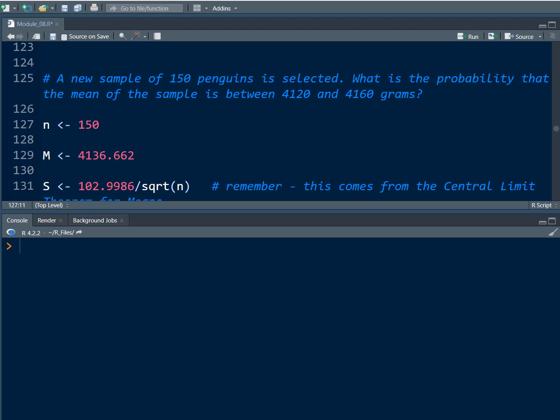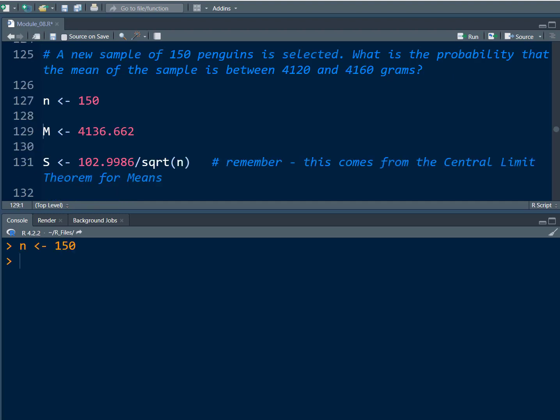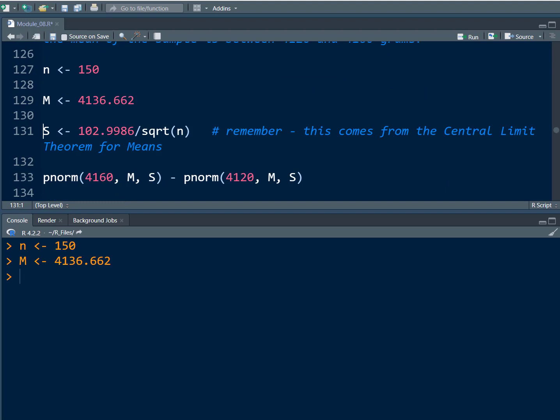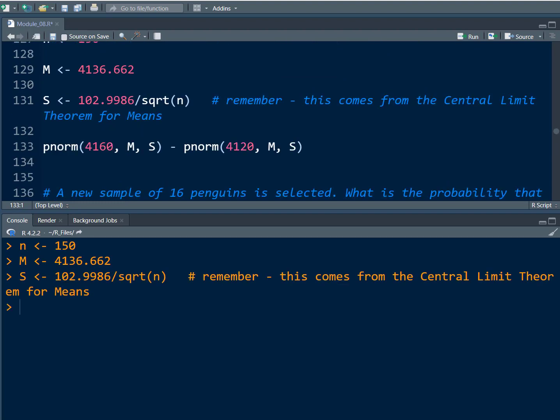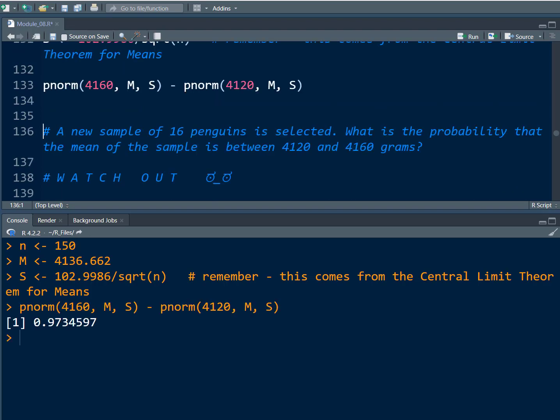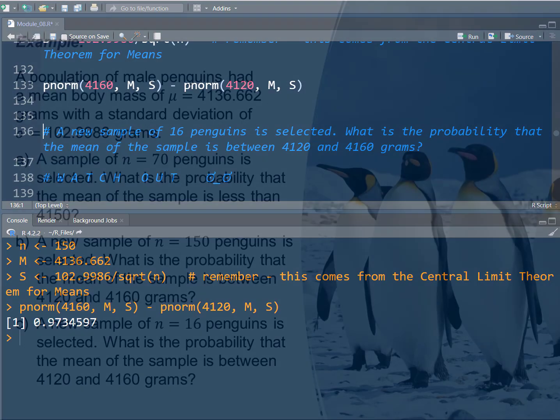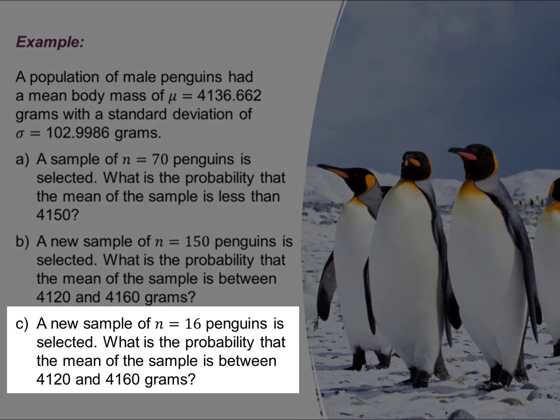So let's redefine n to be 150. The probability that x bar for the new sample is between 4,120 and 4,160 is p norm 4,160, m, s minus p norm 4,120, m, s, which is 0.9735.